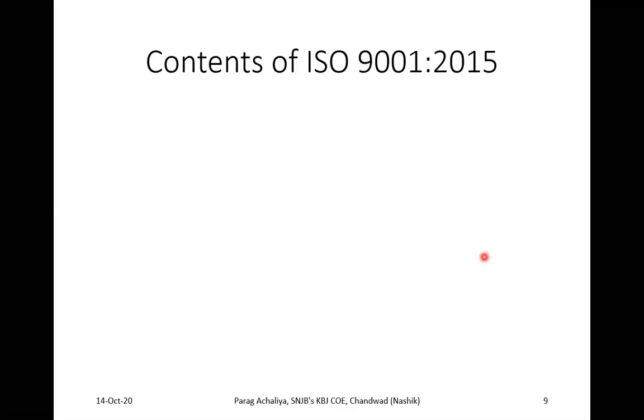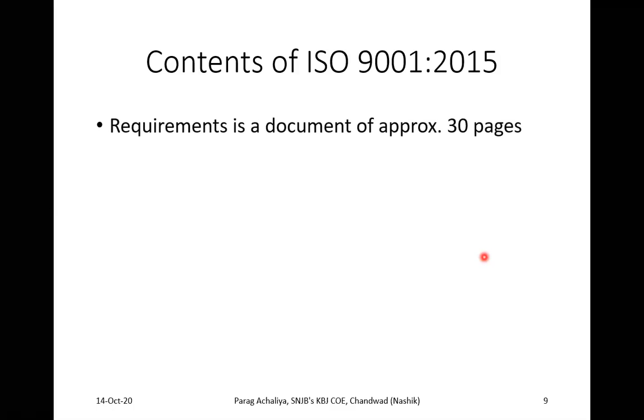So if you wish to apply for 2015, what are its contents? If you wish to apply for 9001:2015, the requirement is a document of approximately 30 pages. The standard form is of 30 pages. You need to give all the information in those 30 pages.